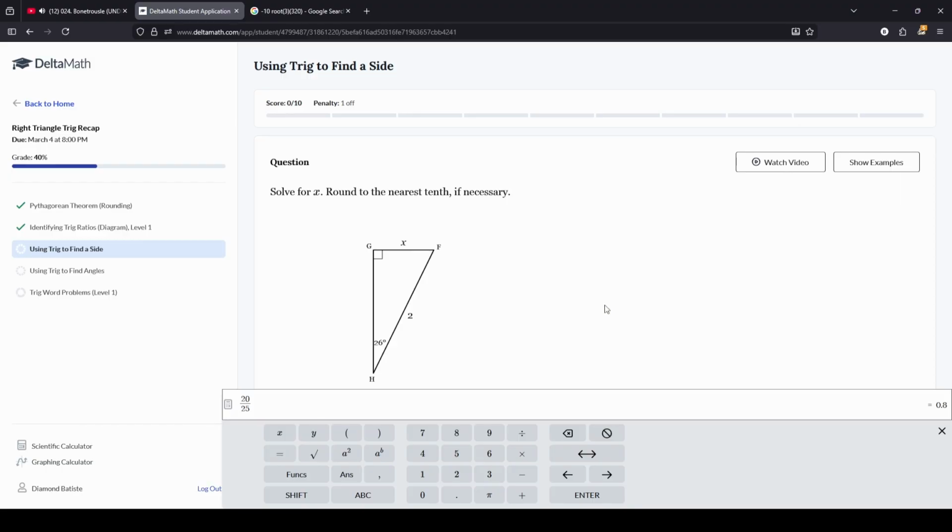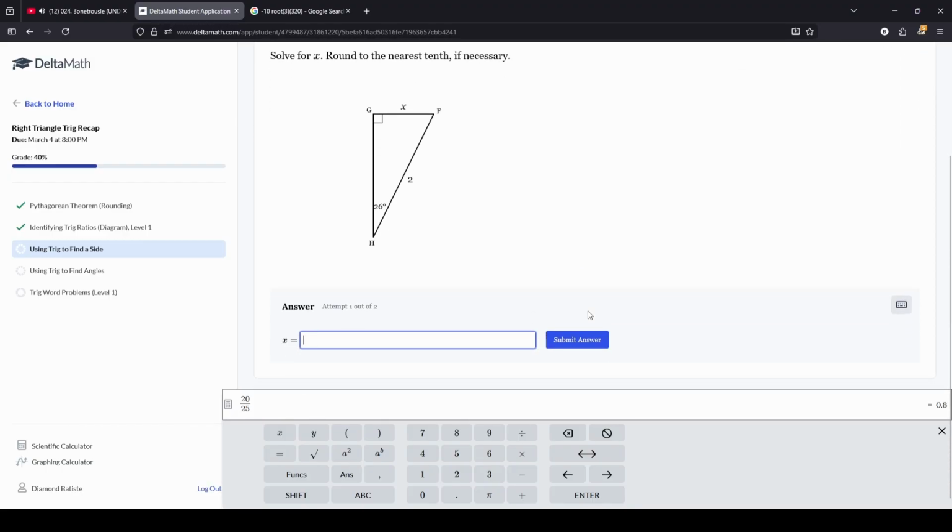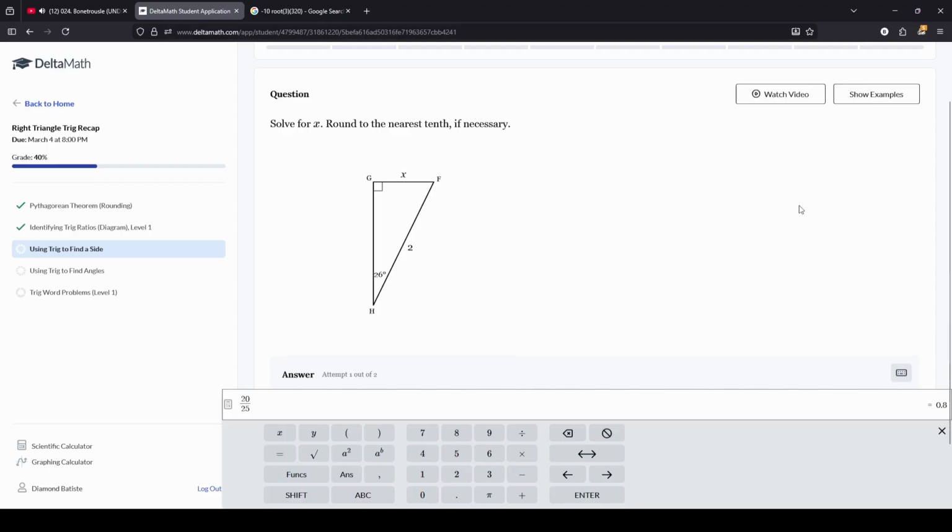Solve for x. Round to the nearest tenth if necessary. Okay, so I have work here that I did put in, right? Let's see. If the x is at the bottom, then it goes at the top, right?